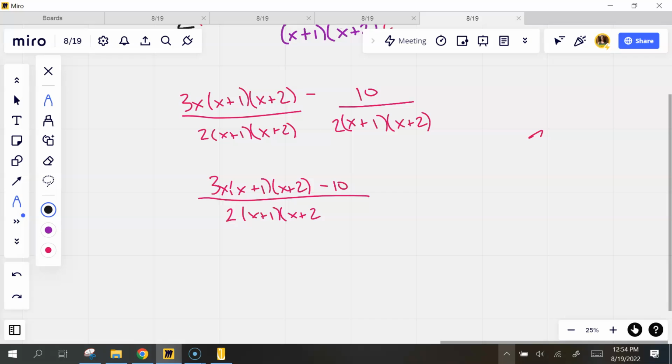You can't just put a parenthesis anywhere you want to. You can enclose everything, but that's not going to do me any good. It's not on there because it was its own fraction over here. So when you're adding or subtracting like this, you have to expand before you can simplify.